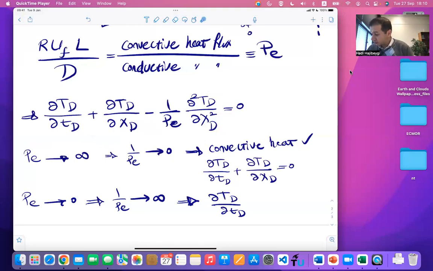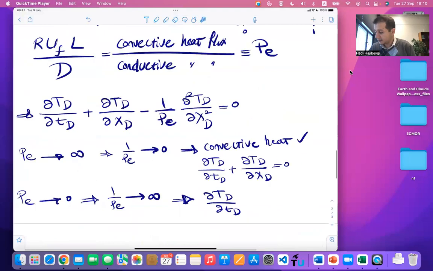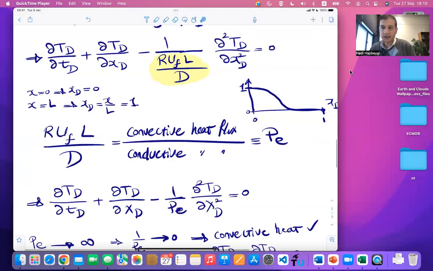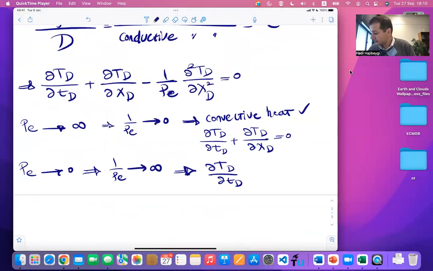So I cannot really take infinity here, because division by a factor of infinity is impossible. What I can do is assume that the convection is 0. So then I would only work with something like this, minus 1 over Peclet times d2T dx2.